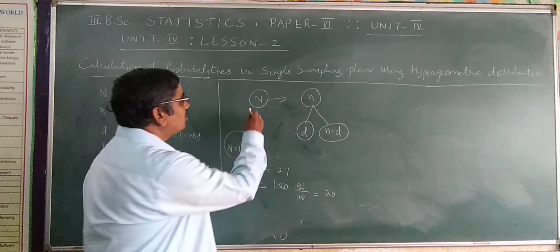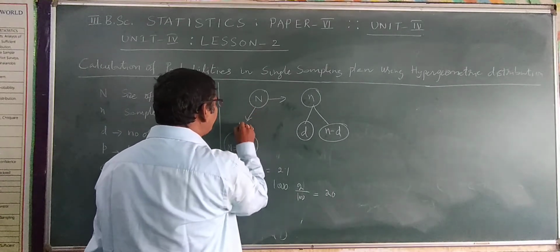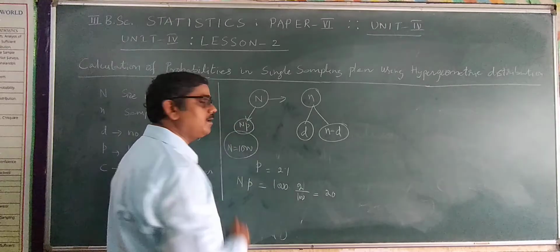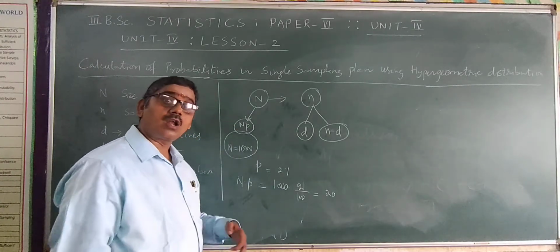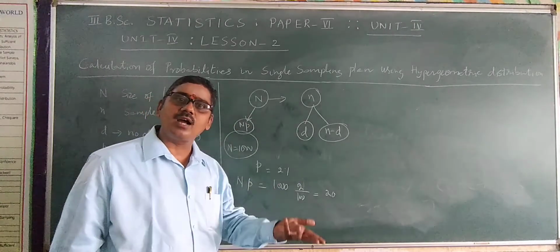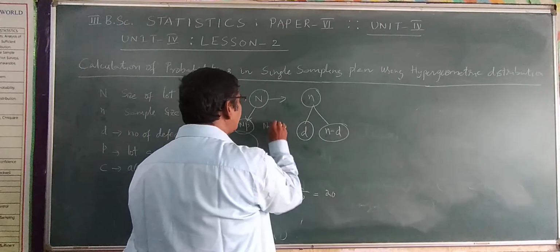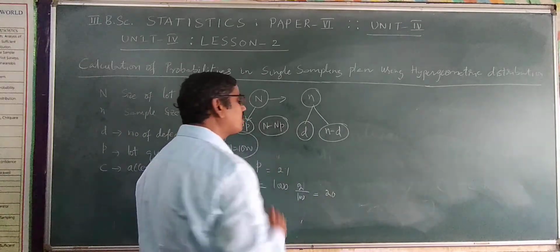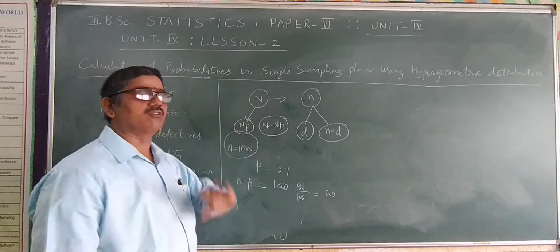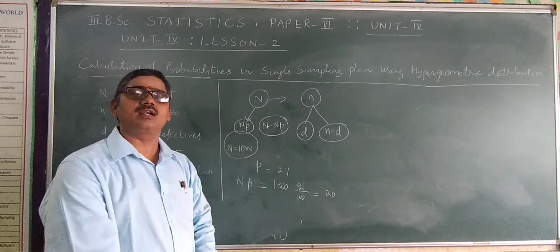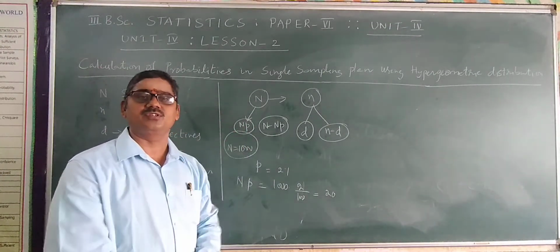So in which the number of defective items is Np, and what are the non-defective items? The remaining items. So N minus Np will be the total number of non-defective items in the lot, that is good items.